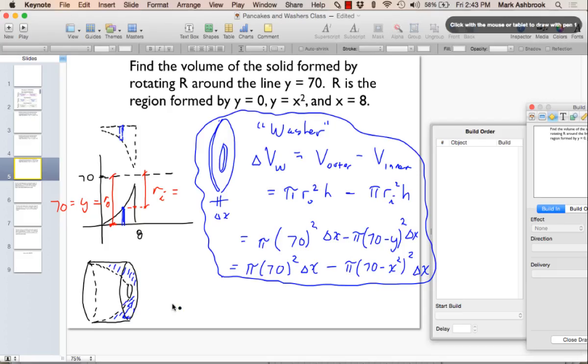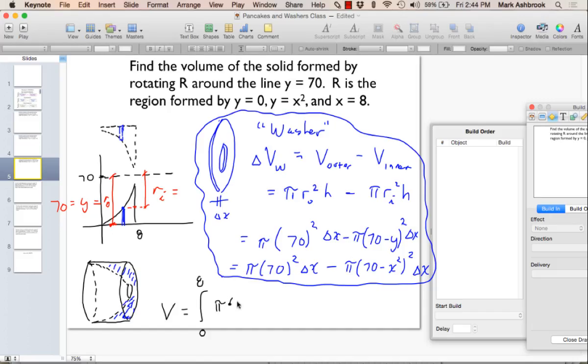Now we're ready. Now the integral is easy, because we just copy it down again. So the volume of the thing is, which washers do we want? Starting at the left at x equals 0, that's the one with the biggest hole and the least volume, and then all the way to the one with the smallest hole and the greatest volume at x equals 8.